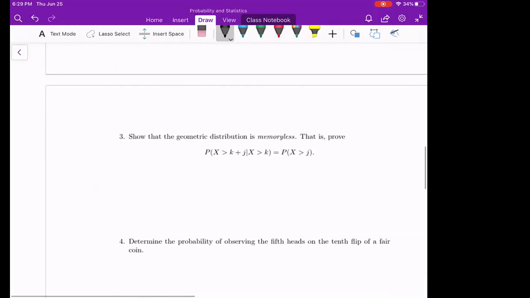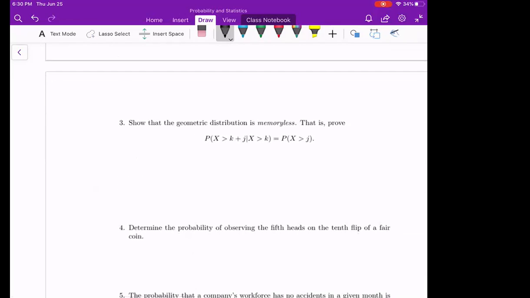Let's look at this next one then. So we want to show that the geometric distribution is memoryless. And when we get the answer, you'll see why.